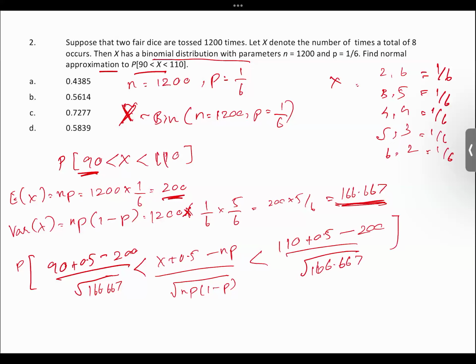Now if you solve for this, let me just solve this. 90.5 minus 200, so you'll have minus 109.5 divided by square root of 166.67.